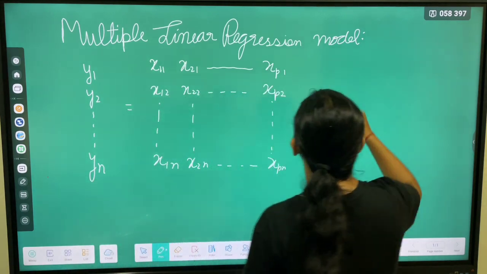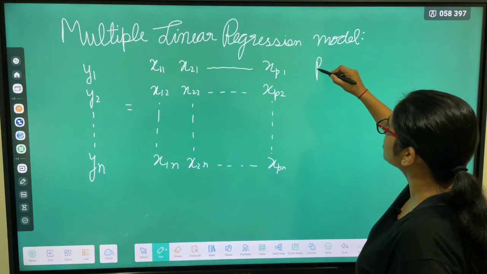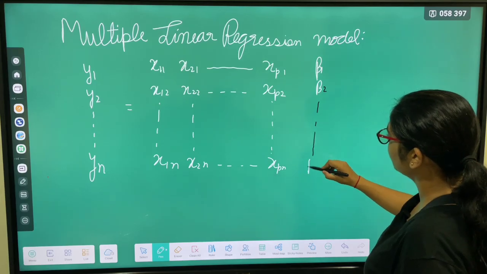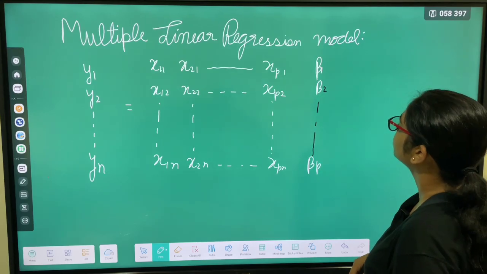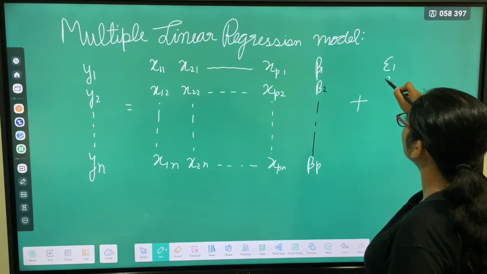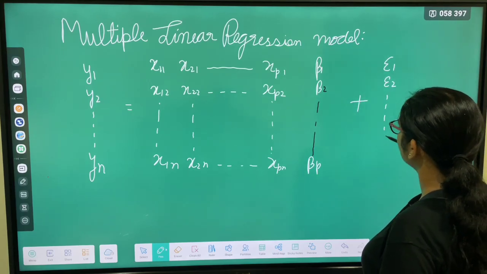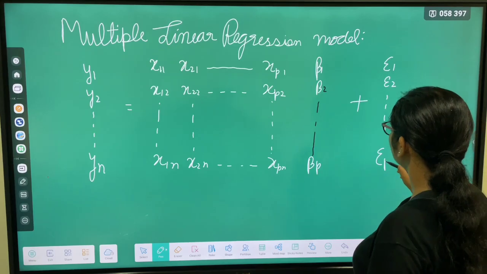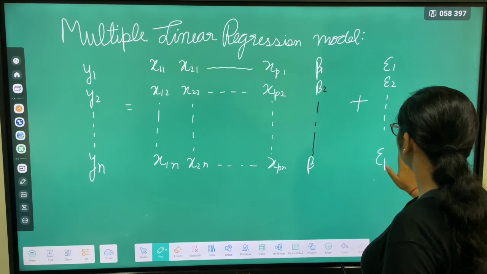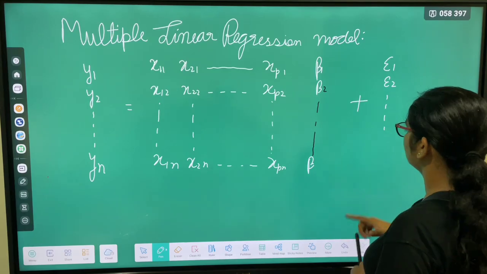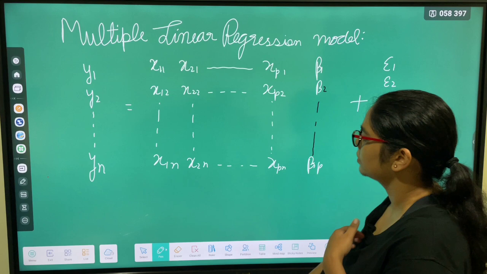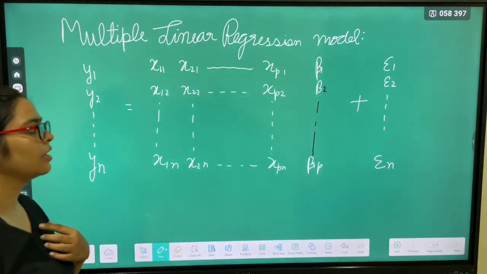And the values of the parameters are also beta 1, beta 2, up till beta p. Plus, we have the error term also, epsilon 1, epsilon 2, up till epsilon n. So we have got this.